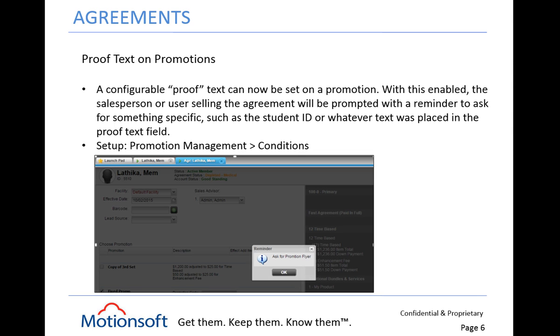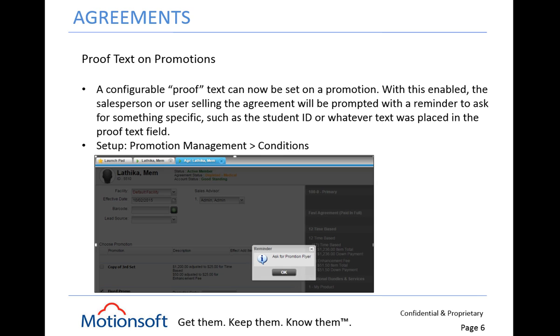Okay, let's continue right through to the proof text on promotions. So I'm calling this the proof of eligibility text. So what happens here is we now have the ability to configure a prompt that asks for proof of the reason a person may be eligible for a promotion.